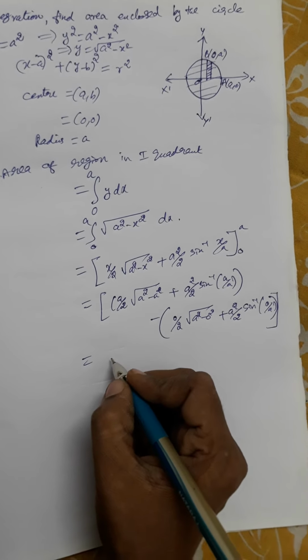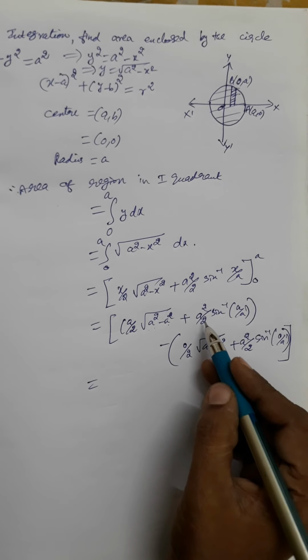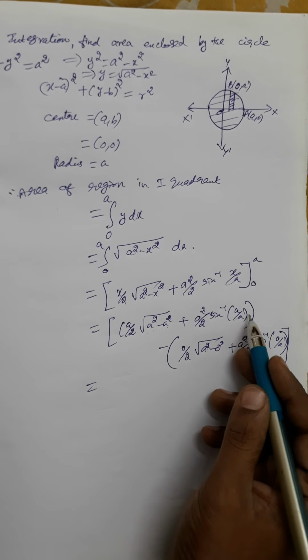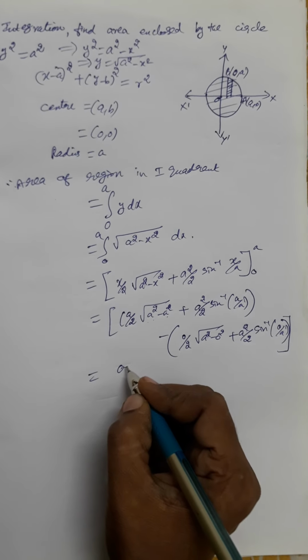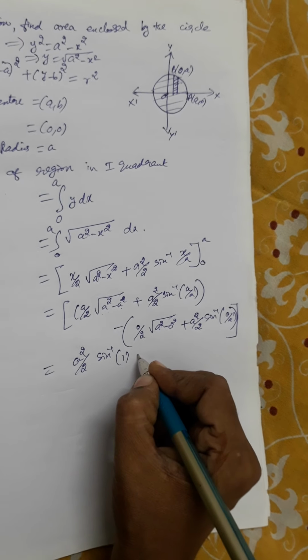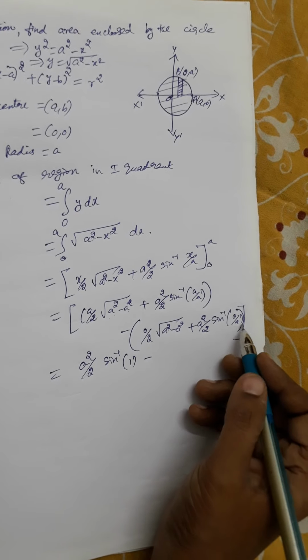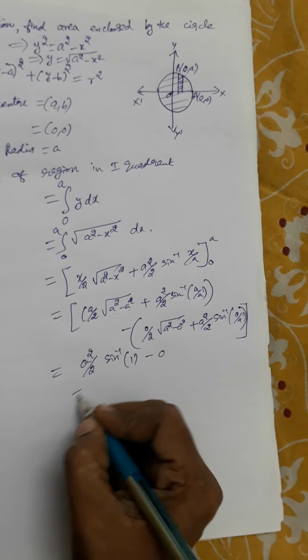So here a square minus a square becomes 0, and then a square by 2 sin inverse of a by a is 1. So a square by 2 sin inverse of 1, minus this which becomes 0, and sin inverse 0 is 0. So this whole is 0.